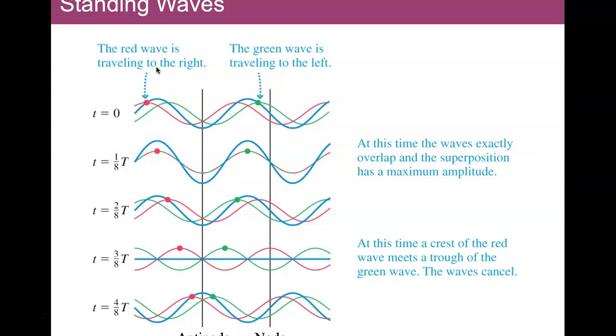We have the red wave traveling to the right, green is traveling to the left, and then the blue is the superposition. So at some point in time, it looks like that. And when they overlap exactly, you're going to get this maximum amplitude, and then it's coming down. But the point is, the nodes, the places where the displacement is 0, they remain the same.